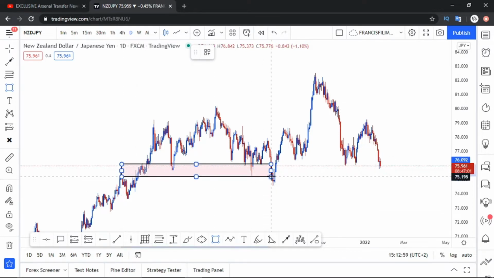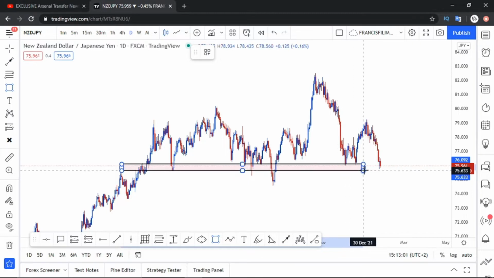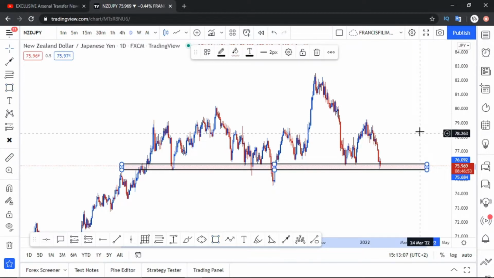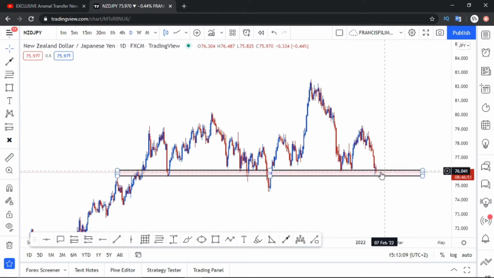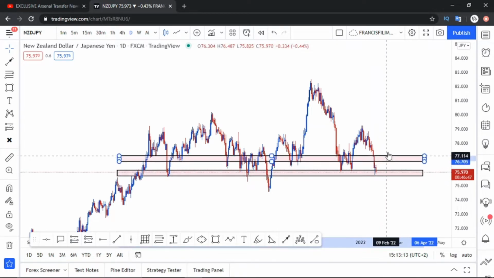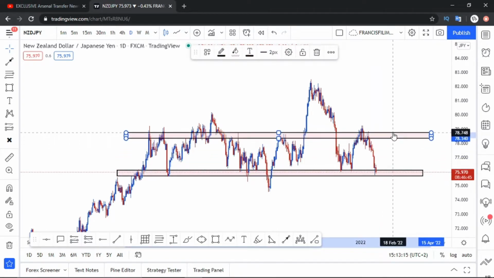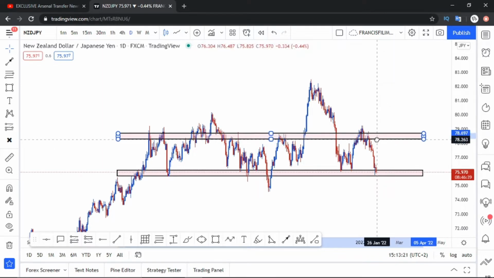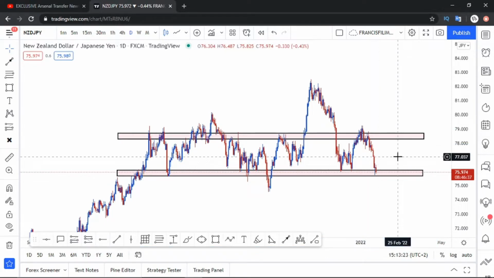So right now I do see that there is a zone right here where there are many touches, where the market is making a lot of rejections at this area guys. So that's my support right there, and let me get my resistance guys. I need to get my resistance, an area where the market is also making a lot of reversals guys. So I got my first resistance just right there guys.